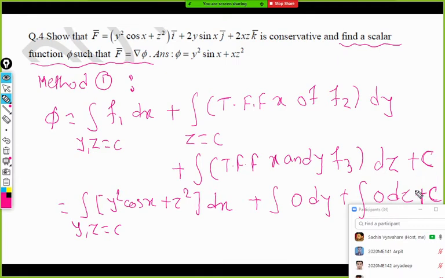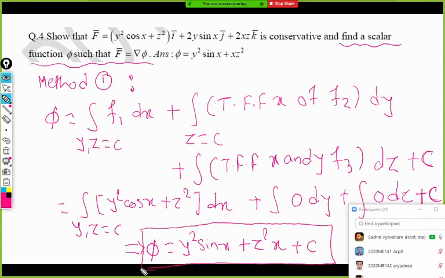So what will be the final answer? Y square sin x plus z square x. Very good. The integration of cos x is sin x, and the integration of z square is z square x. Integration of 0 dy is 0, integration of 0 dz is 0, plus c if you want. That is the final answer. This is the required function, and you can cross check.